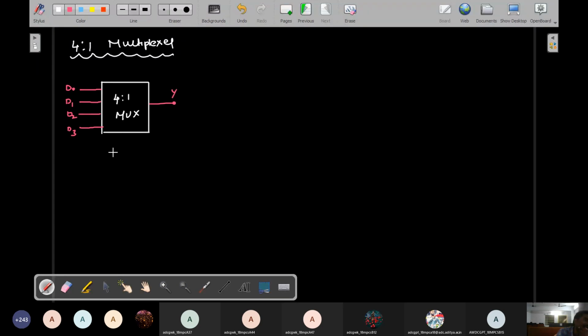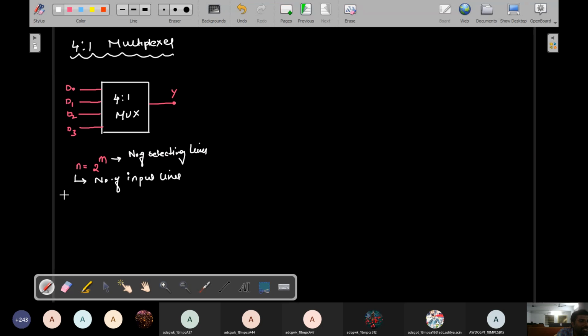And how many selecting lines do I have to connect to operate this 4-input multiplexer? First of all, I want to use the same formula where n is equal to 2 power m, where m is the number of selecting lines and n represents the number of input lines.